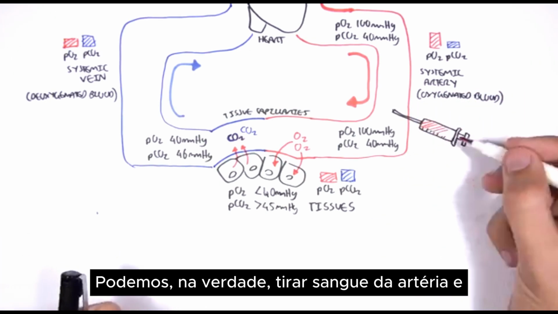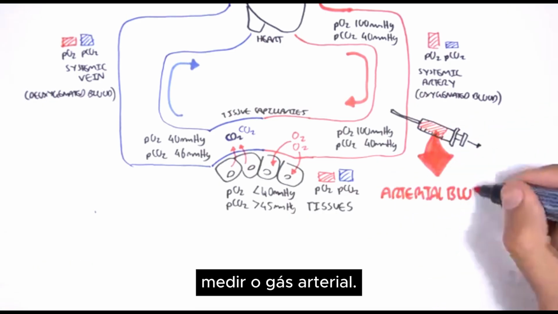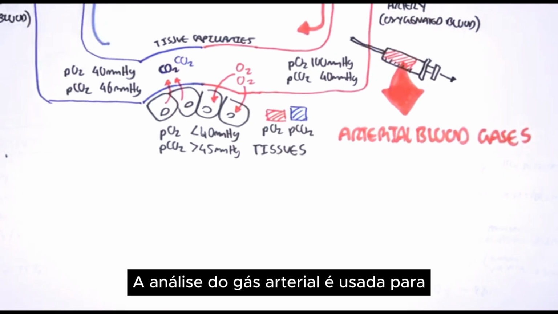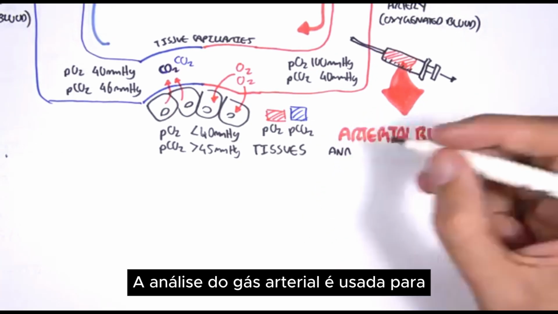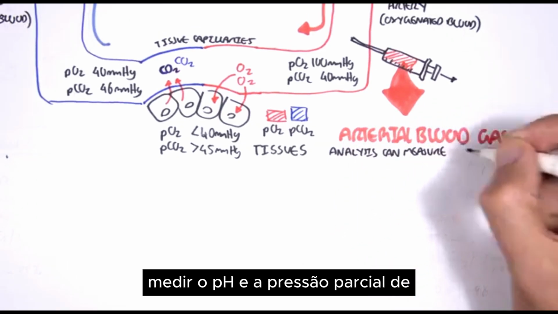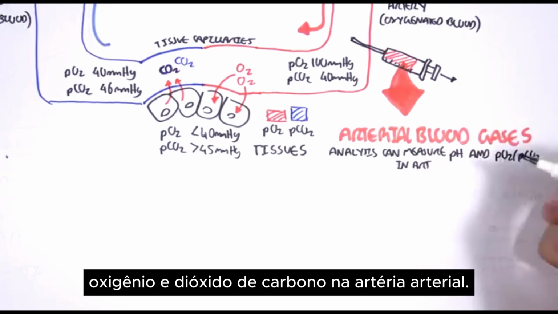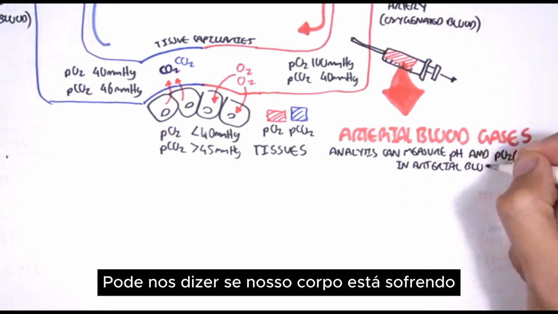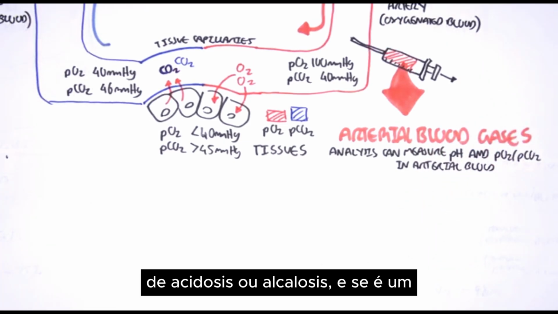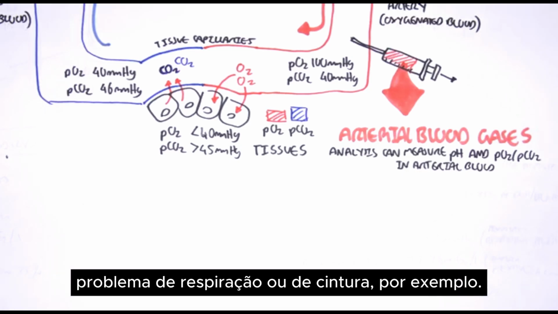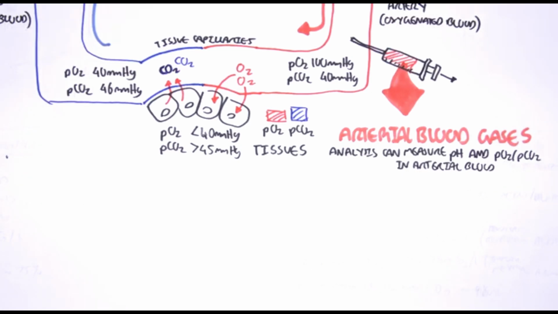We can actually take blood out from the artery and measure the arterial blood gas. Arterial blood gas analysis is used to measure the pH and the partial pressure of oxygen and carbon dioxide in arterial blood. It can tell us if our body is suffering from acidosis or alkalosis, and whether it is a problem of respiration or kidneys, for example.